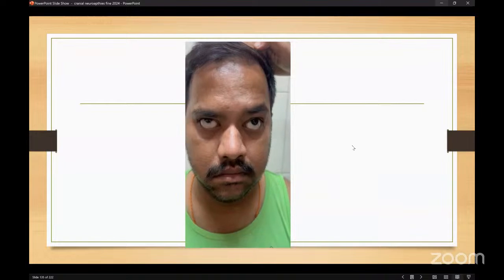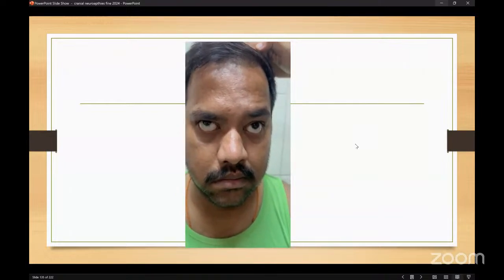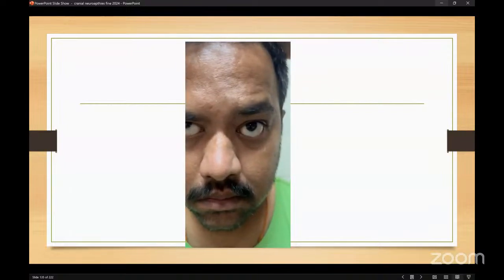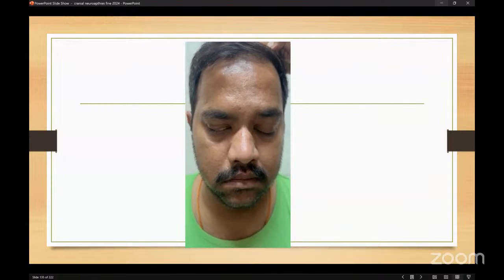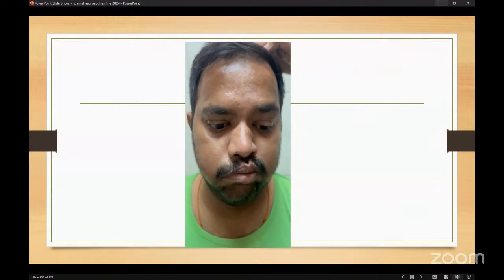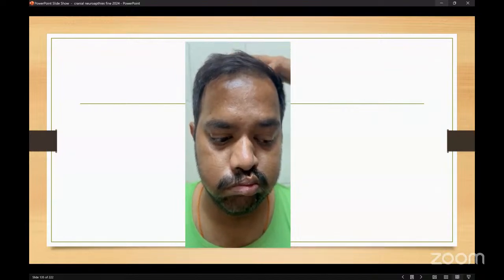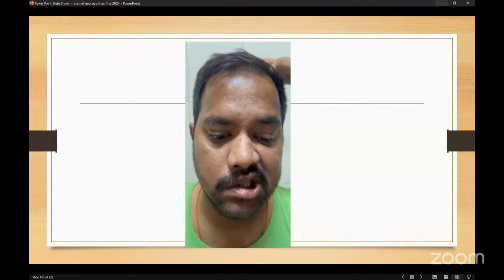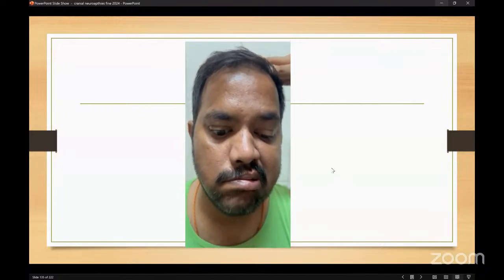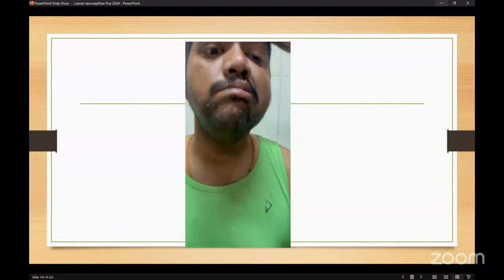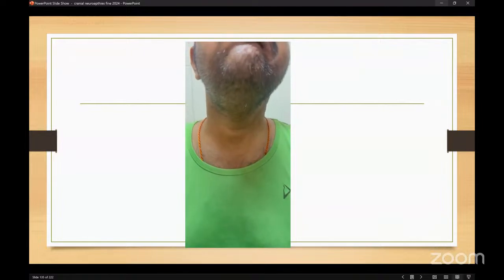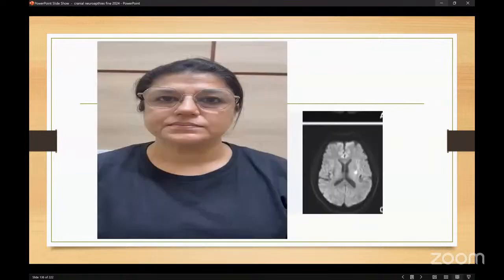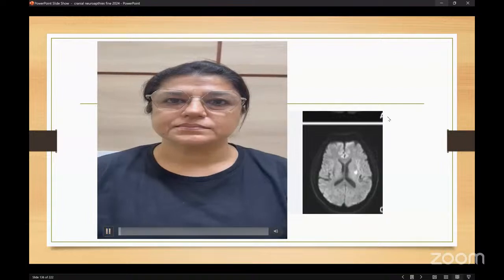So this patient, I'll just show. You are getting a Bell's phenomenon on the right side, right-sided facial palsy. Even the platysma is not contracting on the right side. In this patient, is it volitional versus emotional?